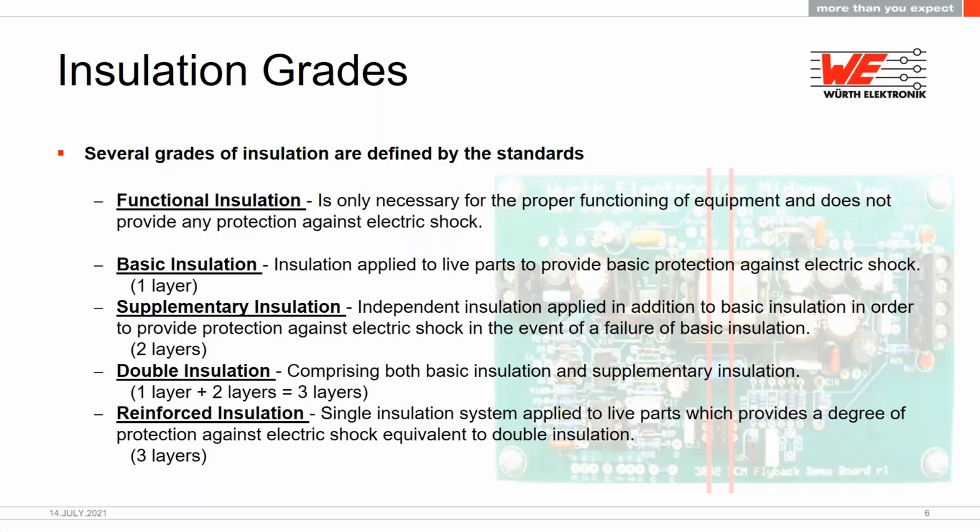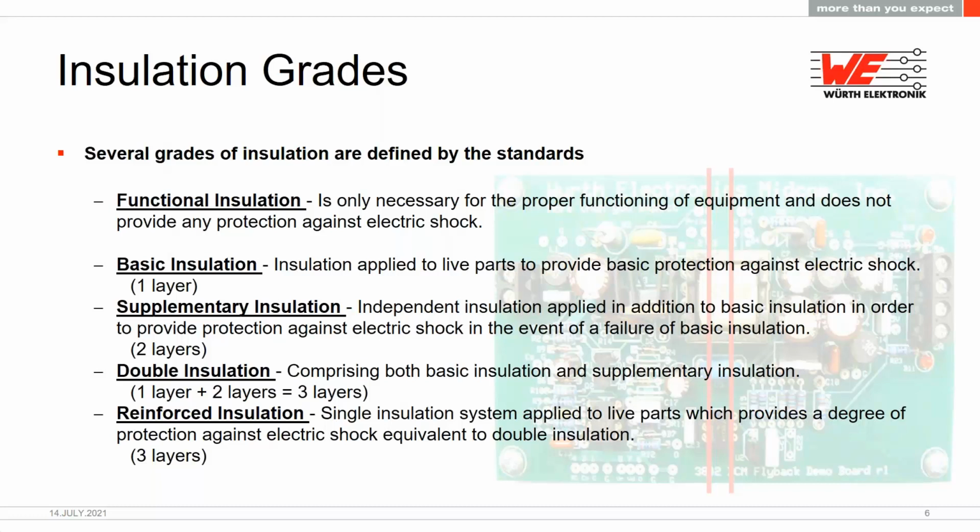The biggest difference here is that the standards will usually increase the amount of solid insulation that's required between the primary and secondary. This solid insulation can be met with maybe thicker bobbin plastic or increased layers of tape, or the more common method would be to use a supplementary insulated wire. Supplementary insulated wire actually has 2 layers of extruded insulation. So I show there on the screen, basic insulation with 1 layer, supplementary insulation with 2 layers.